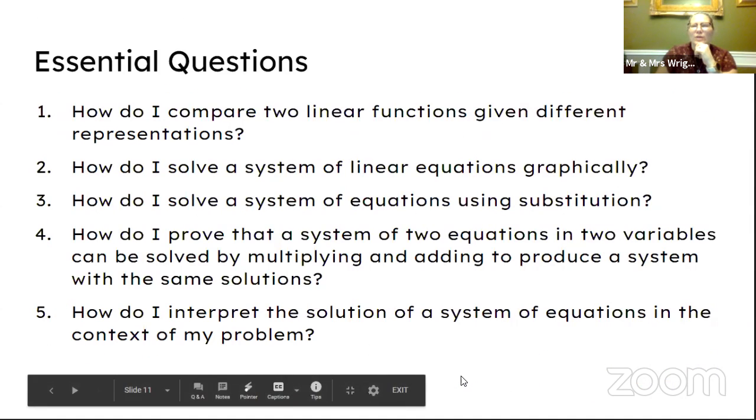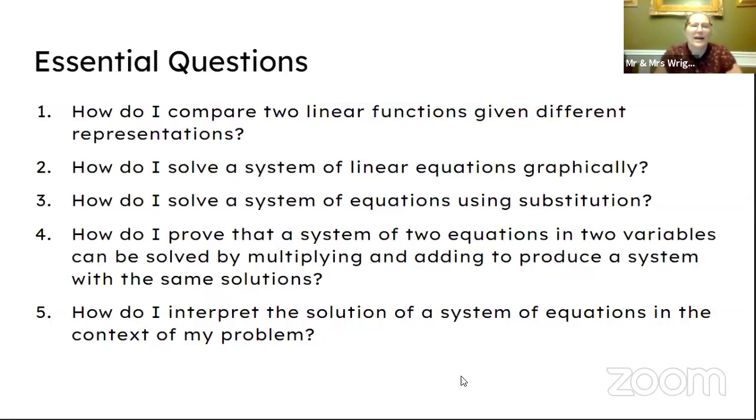All right, so some questions that will be answered in this unit, in this module. How do I compare two linear functions given different representations? How do I solve a system of linear equations graphically? It's like our example we just looked at. How do I solve a system of equations using substitution? That's one of our vocabulary words, isn't it?